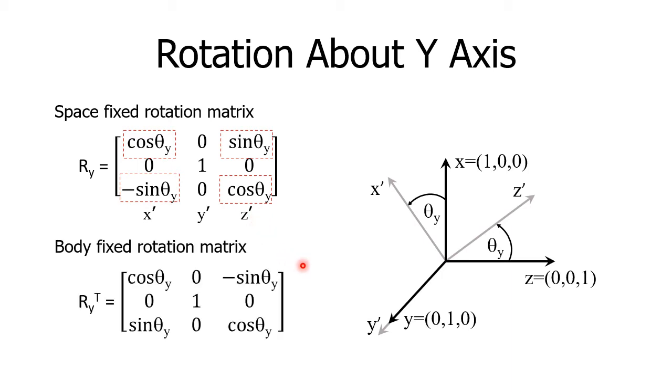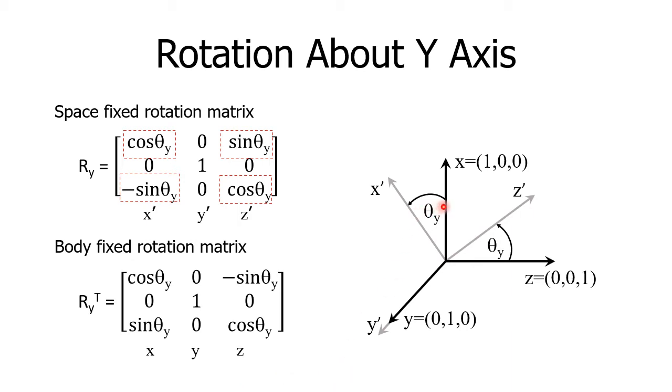For the body-fixed rotation matrix, you can obtain that by doing the transpose of the space-fixed rotation matrix. Again, like the first one, we can check by using the projection method. The first column in this case is a projection of the x-axis.